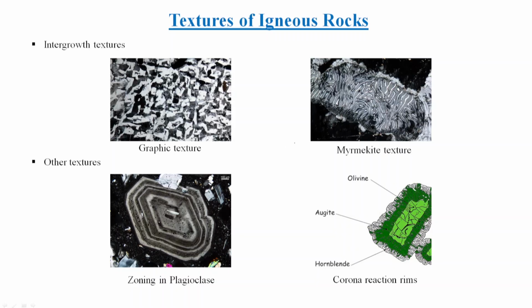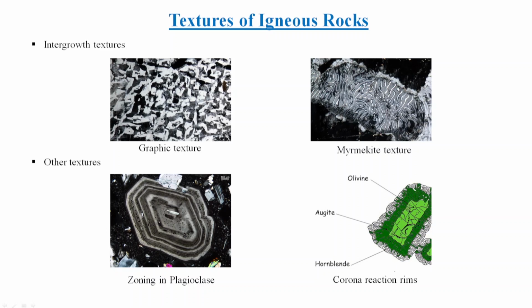So here we can see this beautiful zoning in plagioclase due to the continuous substitution within the continuous series of plagioclase. So you can have alternate layers of albite and anorthite within a plagioclase feldspar, and that can be recognized with the help of an optical microscope.